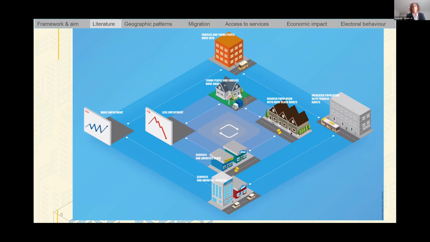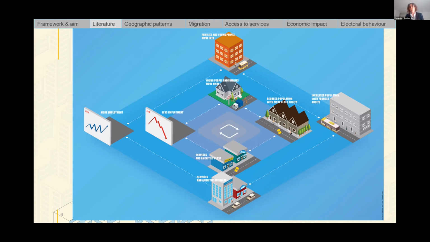Generally, what we've seen is that since the Second World War, rural areas have been losing population to urban areas, with a reverse trend towards suburbs and peripheries in the 1970s.